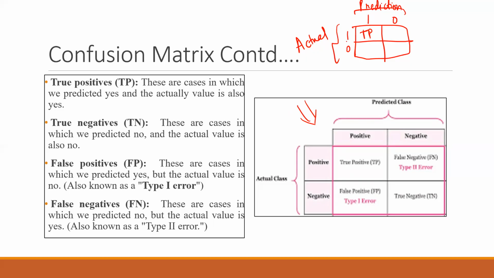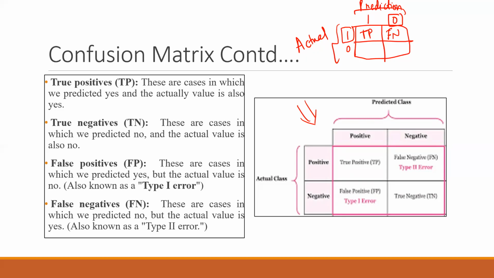But if the actual value was 1, but you are giving the output as 0, it will be called false negative. Why? Because 0 is negative, and it is wrong to say 0 when it was supposed to be 1.